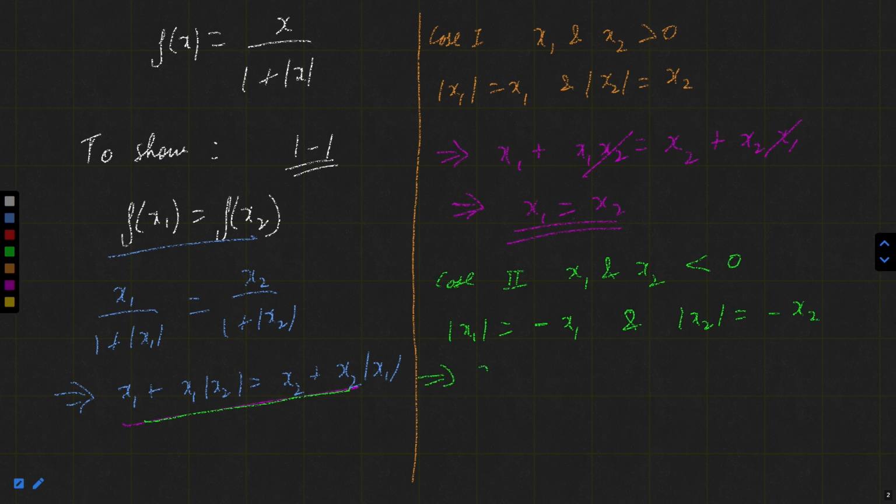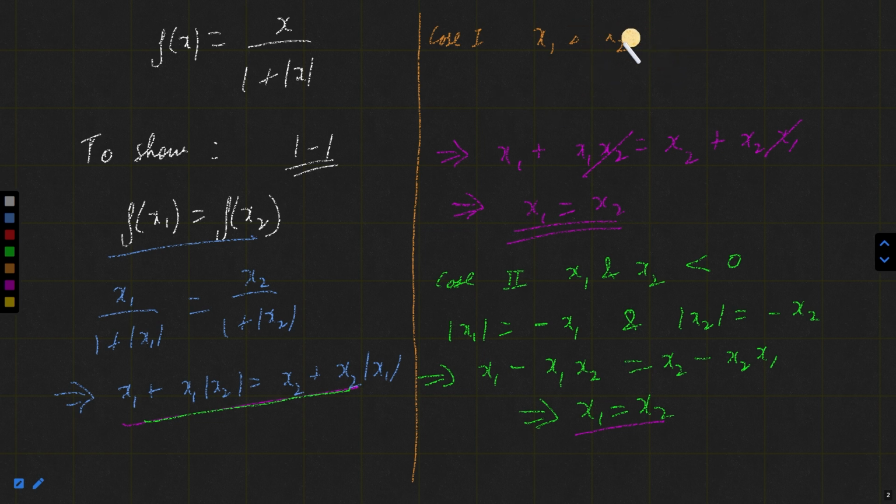This means my equation will be x1 minus x1 x2 equals x2 minus x2 x1. If you solve it, you get x1 equals x2. No problem, we are still getting x1 equals x2. Now what if case 3 happens?